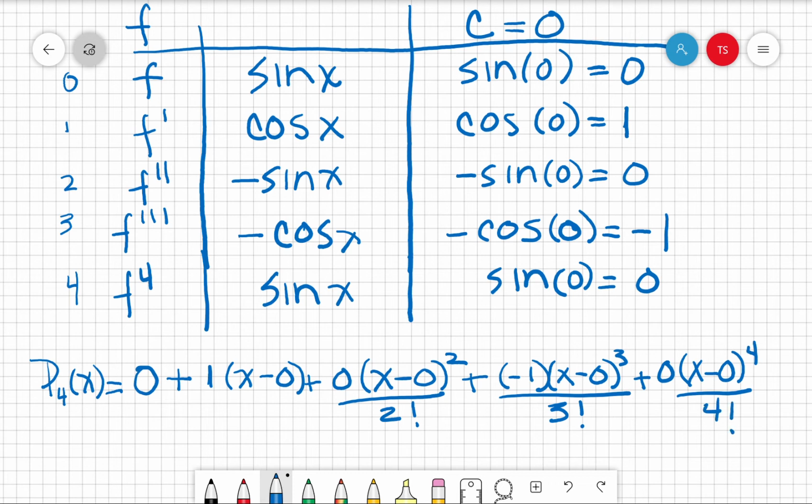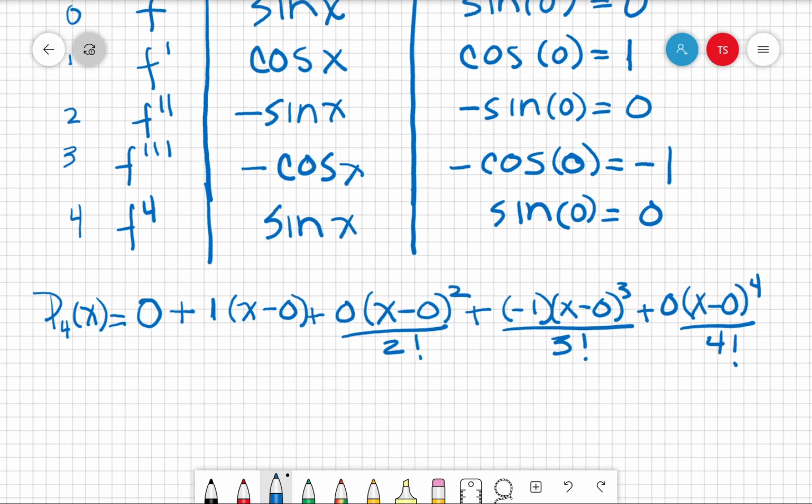So I wrote the 0 terms in here. Of course, you don't have to. And then p to the fourth of x will be equal to just x minus x cubed over 3 factorial.